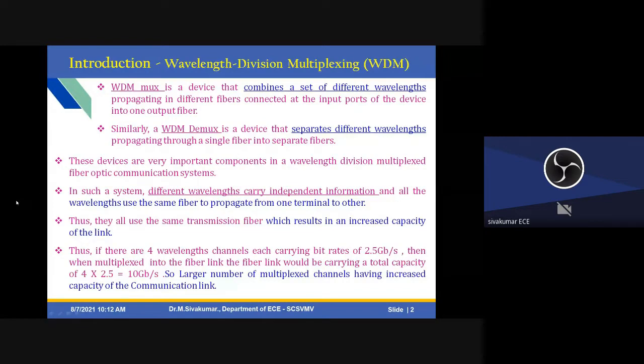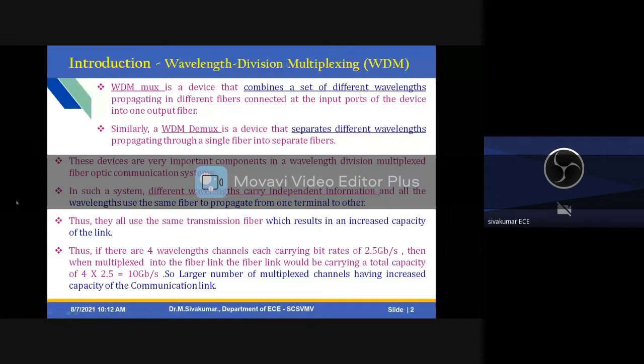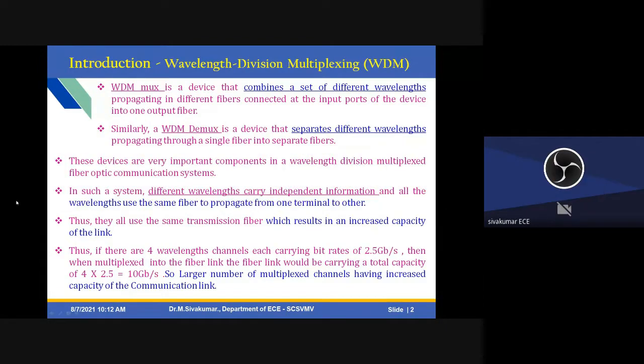Okay. Similarly, the WDM DMUX is a device with multiple outputs and one input. So the WDM demultiplexer is a device that separates different wavelengths propagating through a single fiber into separate fibers.